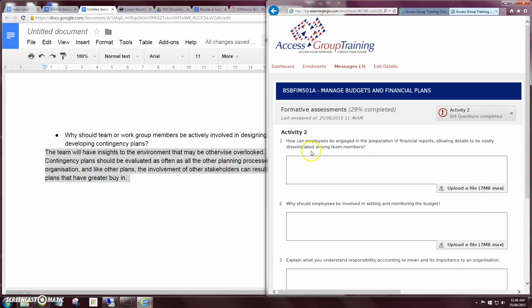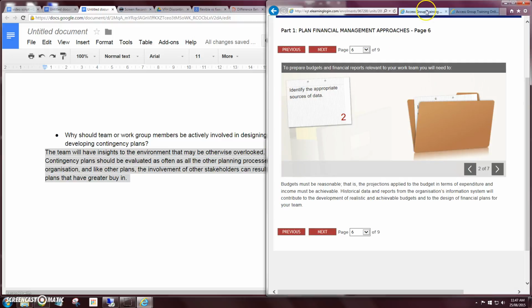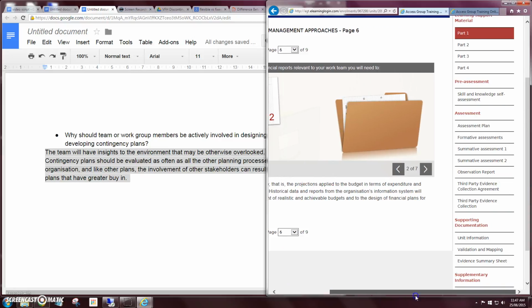Now what I'll find is that when I start to read this, how can employees be engaged in the preparation of financial reports, allowing details to be easily disseminated among team members? That doesn't really ring any bells for the reading and note-taking that I've done, so that's probably a good indicator that activity 2 is actually coming from part 2 of my reading.